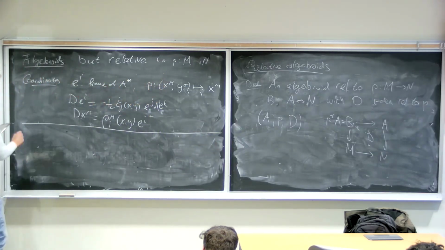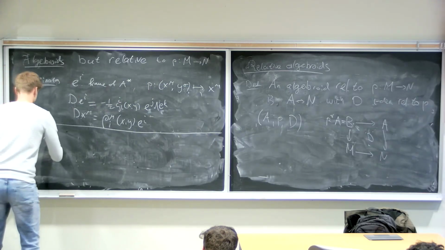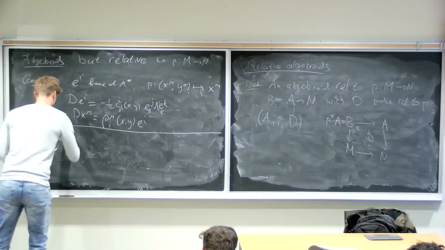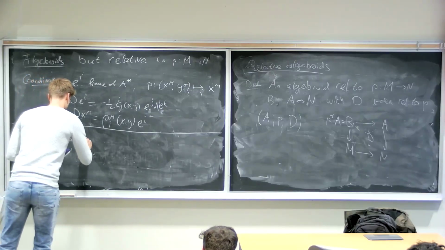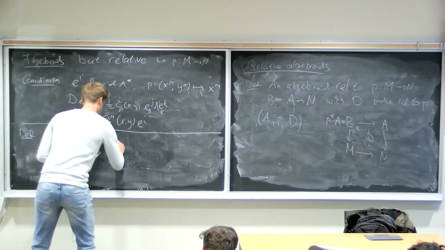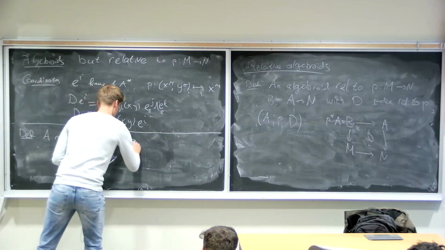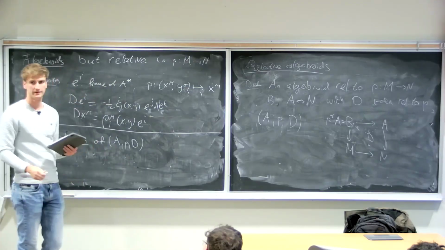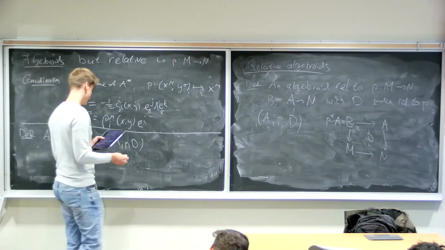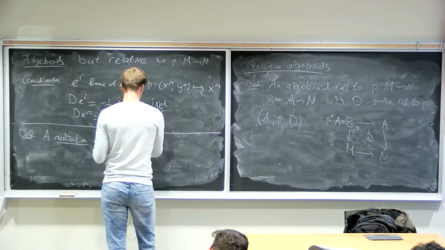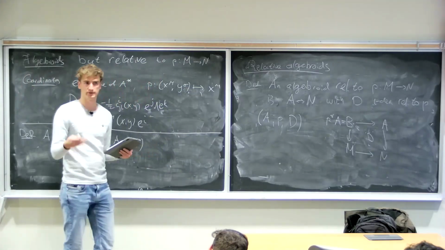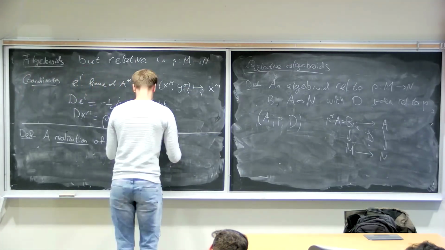Okay, next definition. It's our notion of solution to relative algebroids. We call it a realization. A realization of this relative algebroid (P, D) is a structure that realizes the derivation of the relative algebroid as the exterior derivative on an honest manifold.